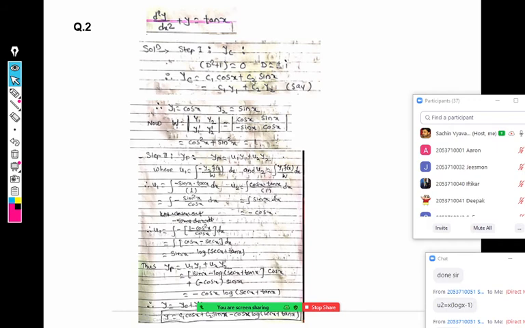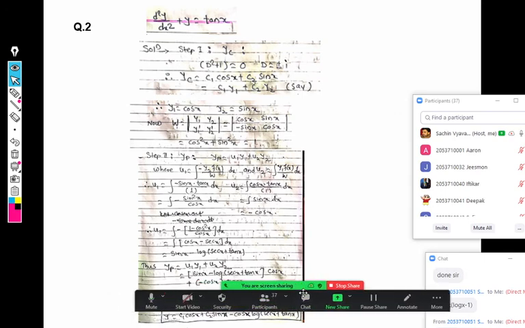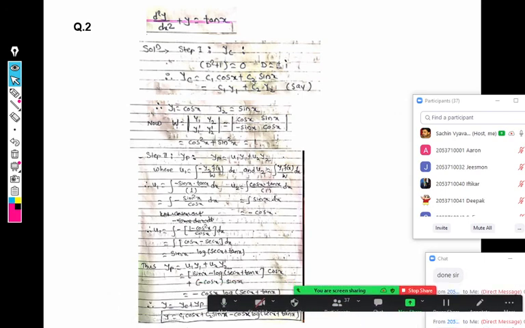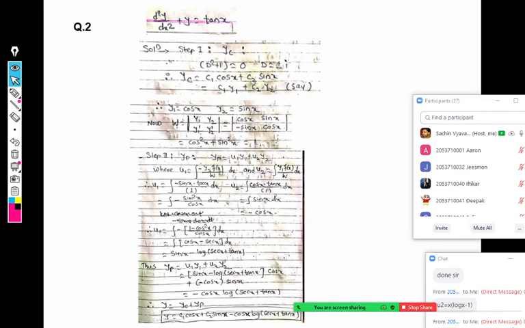That is yc plus yp. And u2 is minus cos x, because the integration of sin x is minus cos x. So don't forget that minus sign also.